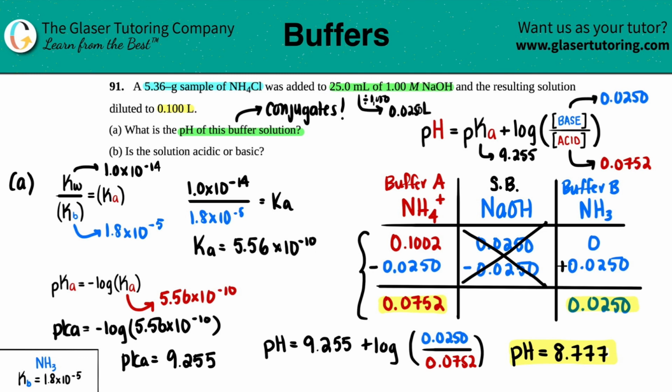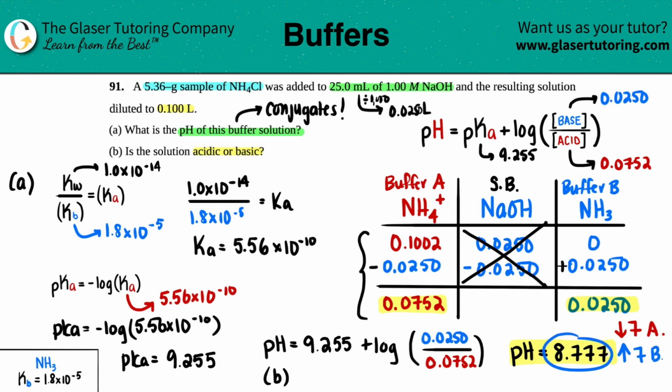Now, for part B, which I'll just do at the bottom, this one's pretty easy. Is the solution acidic or basic? Well, this just comes from what we know about the pH value. Just know that the dividing number is 7. Anything below 7 is acidic, so I'll just put A. Anything above 7 is basic, and 7 is the neutral value.